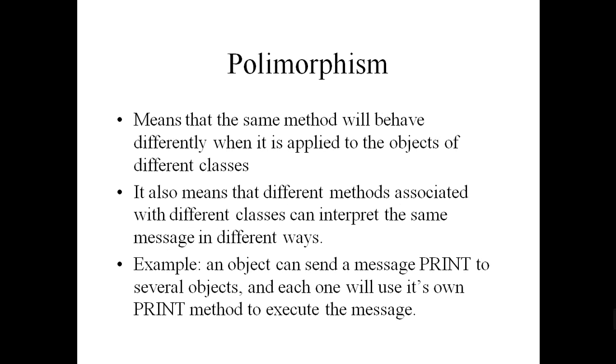Okay, go to next, polymorphism. Polymorphism is the ability of an object to take on many forms. That means the same method will behave differently when it is applied to objects of different classes. Only one method is created for one class, and for that method we can apply different objects.